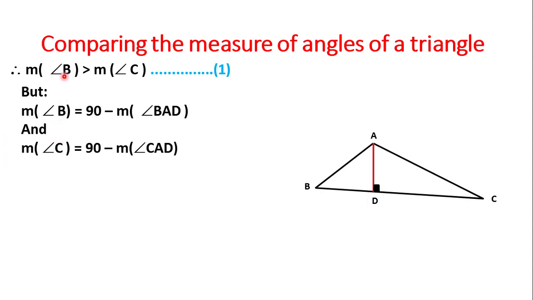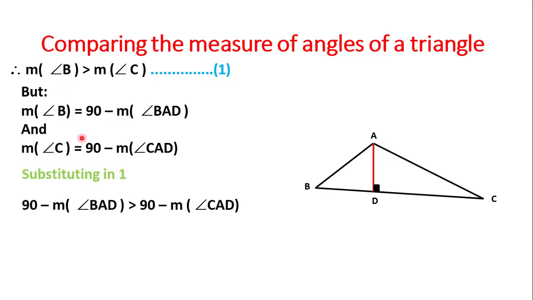I'll substitute in inequality number 1 by measure of angle B and measure of angle C. So I'll get that 90 minus measure of angle BAD is greater than 90 minus measure of angle CAD. I can subtract 90 from both sides. It means that negative measure of angle BAD is greater than negative measure of angle CAD.